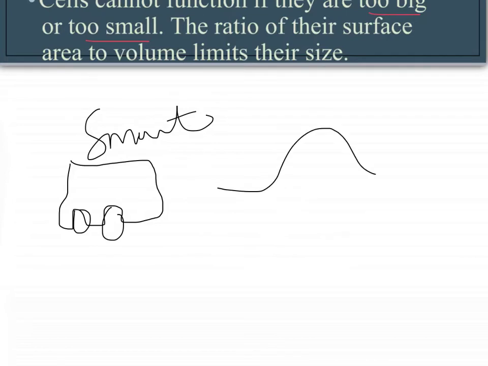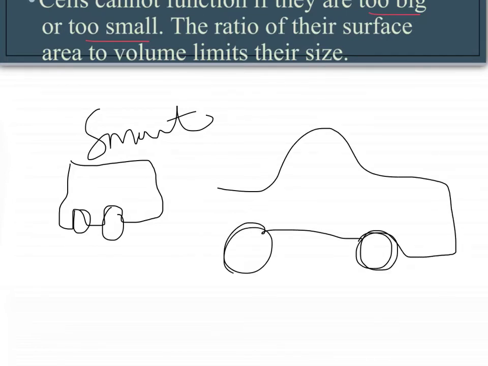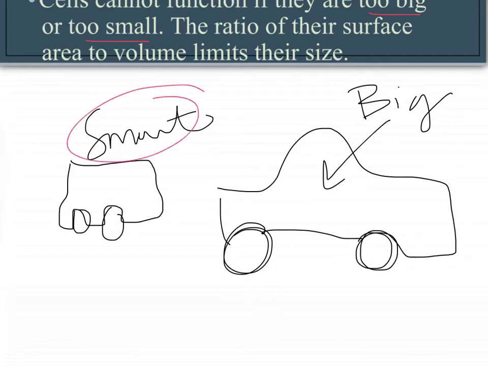Have you seen one of those big monster trucks, where you can't even get a parking spot? That thing is so big, it can barely function too. How are you going to park that thing? A cell is the same way. It can't be too small, it can't be too big, it has to be right in the middle, like a Honda Accord.